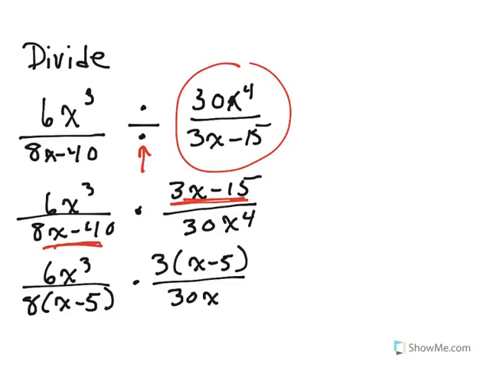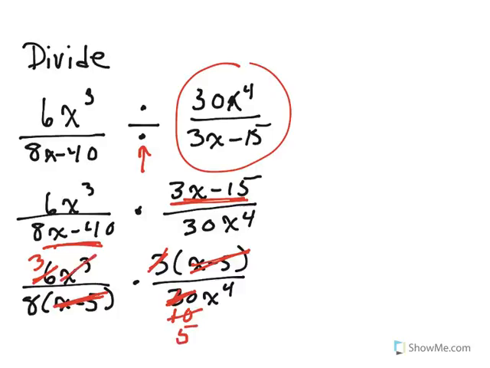And now I can reduce. The x minus 5's cancel out. The 3 reduces the 30 to a 10. The 6 and the 10 both have a common factor of 2. So 2 goes into 6 3 times, and 2 goes into 10 5 times.